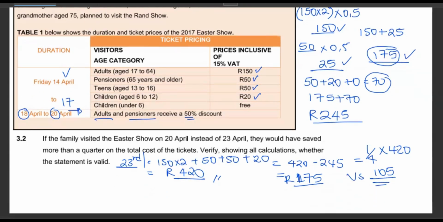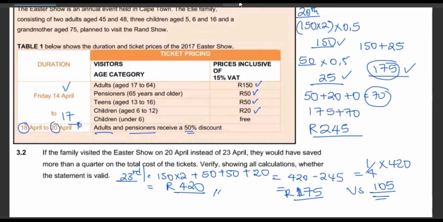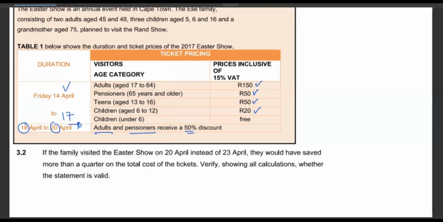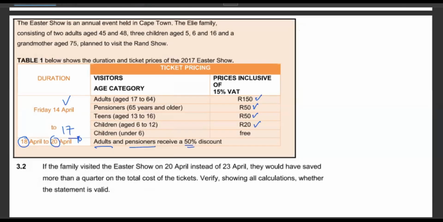Let's look at another way how one would have done that. Another way how we would have got this would say 2 adults times 150 plus the 50 rand for the elder, which is around 350.